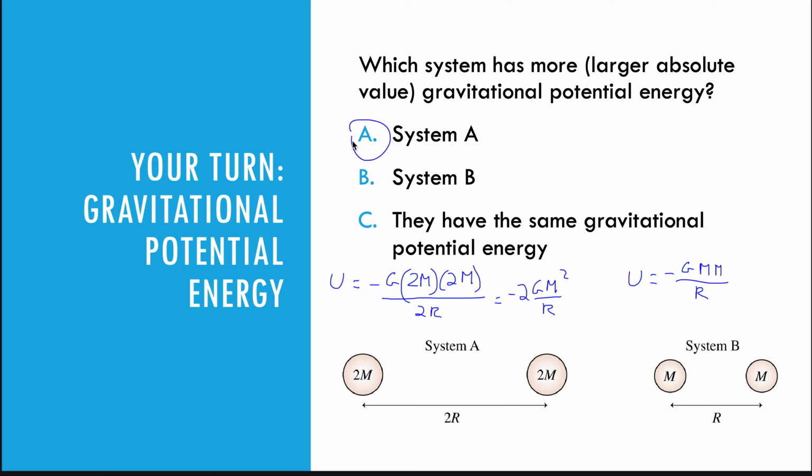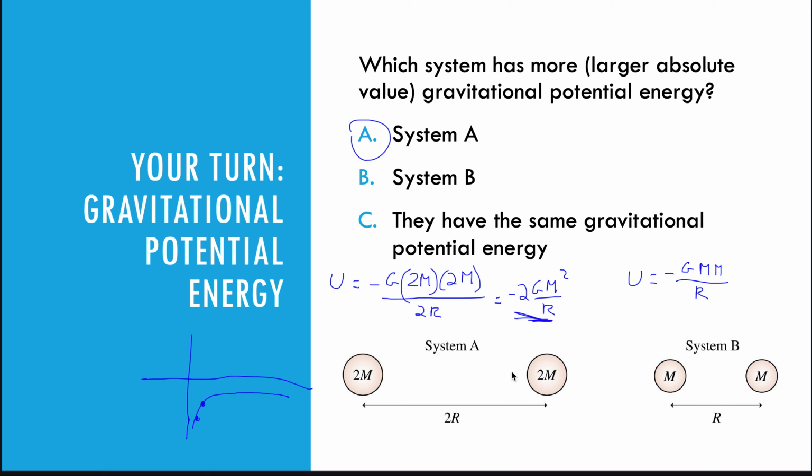So a way to understand this, if we look at the graph again, the graph looks like this. So yes, system A is more negative than system B. So system A might be over here, system B might be over here. So the larger magnitude of this potential energy means that it's going to take more work to separate these masses.